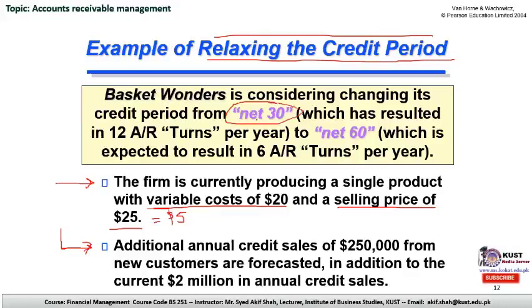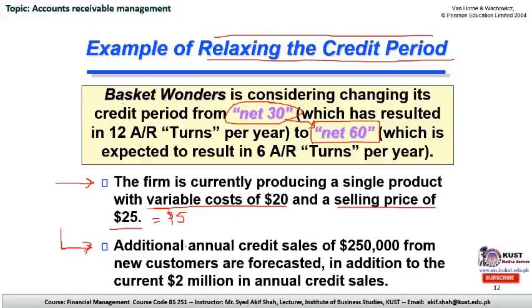So for those customers, the company has altered its credit policy and relaxed the net period to 60 days. When they have altered it, more and more credit customers will approach this company to purchase that specific product.